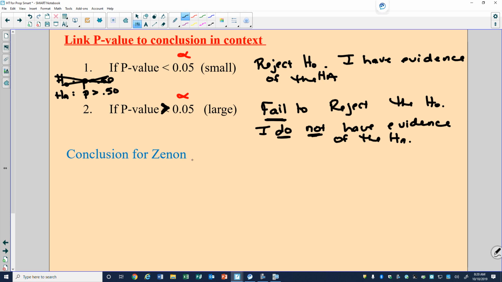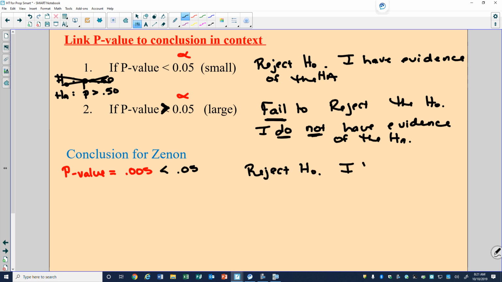So my conclusion for Xenon, we always start with our p-value for our conclusion. And that p-value that we got from our test was 0.005. Since that p-value is less than the 0.05 that I want to compare it to, less than means that I'm going to reject the null hypothesis.